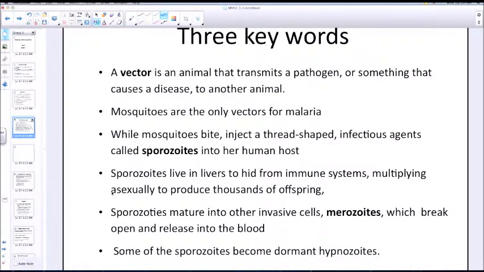Then this sporozoite will live in the liver to hide from the immune system, and multiply and reproduce thousands. When all those sporozoites mature, they become another type of invasive cell called merozoites, which break open and release into the blood.